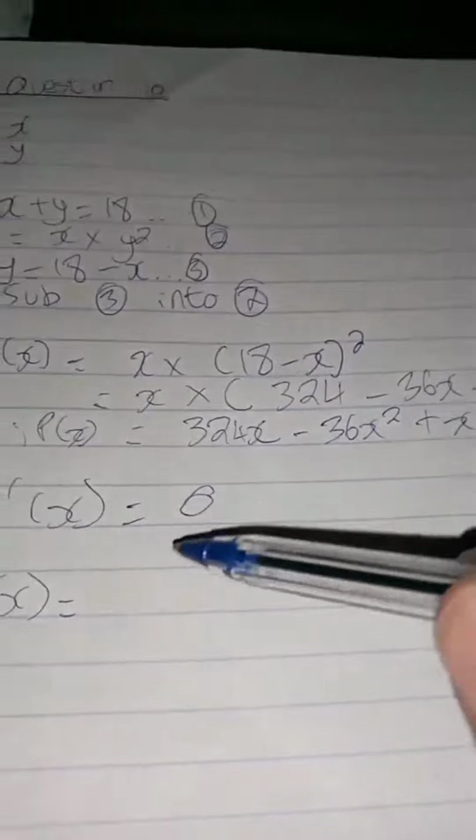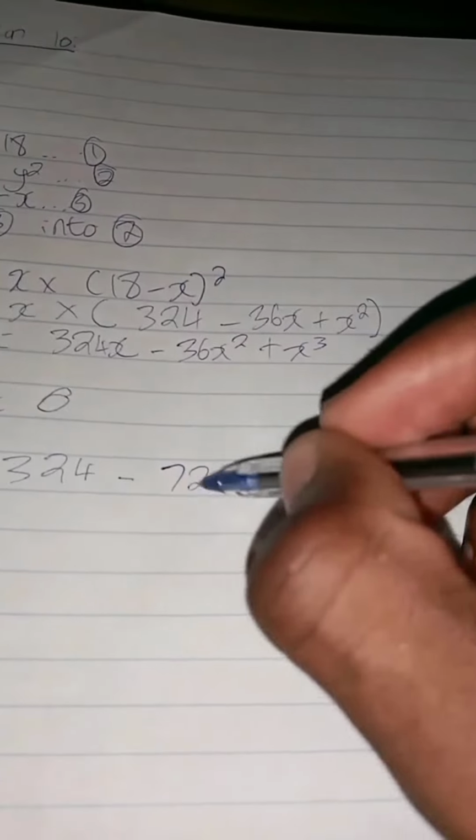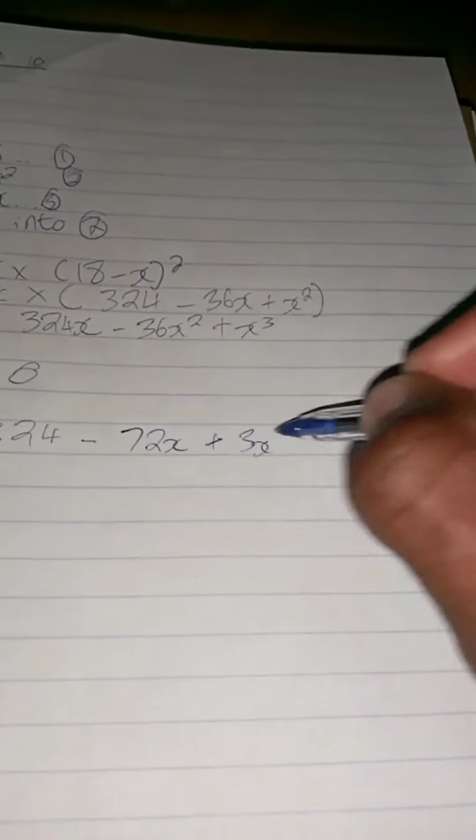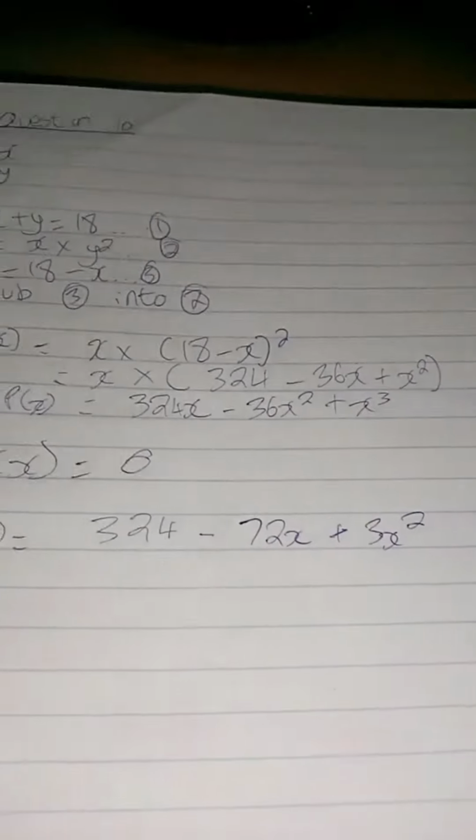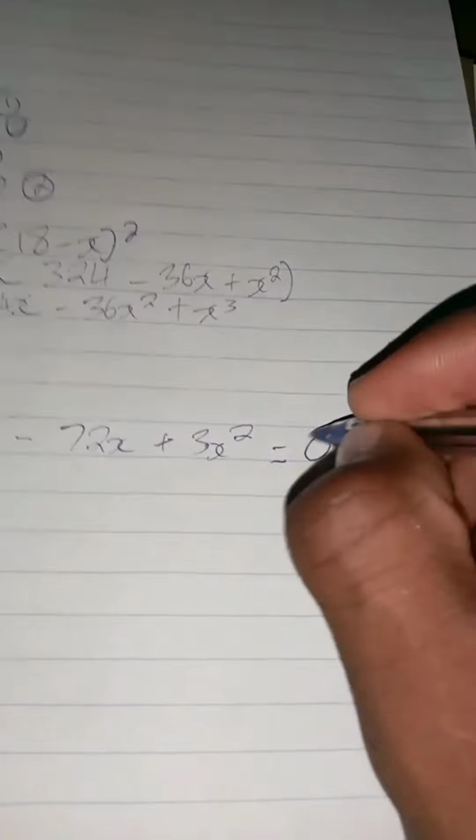So it will be 324 minus, let's calculate this, 36 times 2, 72, so minus 72x plus 3x squared. Right, so as soon as you're here, you can continue to the next step, which is to equate this to 0. Let's put it in proper terms: 3x squared minus 72x plus 324 is equal to 0.